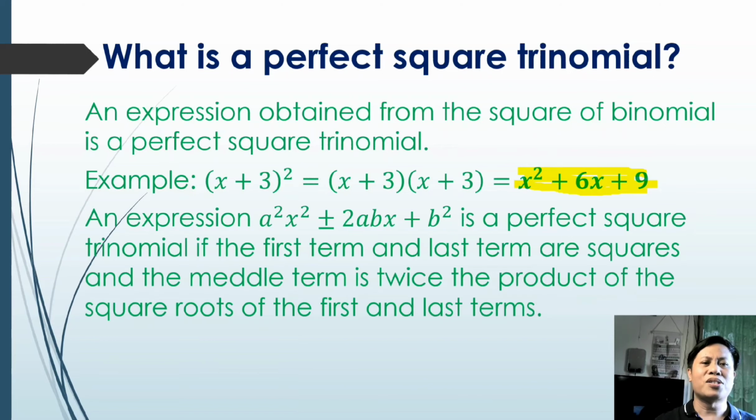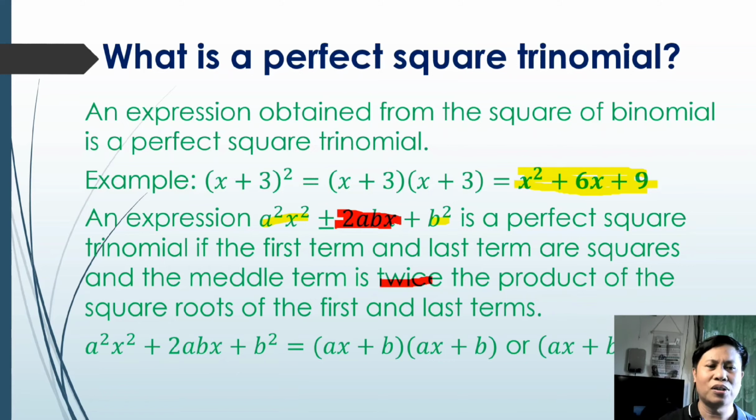Okay? So, an expression a squared x squared plus or minus 2abx plus b squared is a perfect square trinomial if the first term, meaning a squared x squared, and the last term, which is b squared, are squares, and the middle term is twice the product of the square roots of the first and the last term.